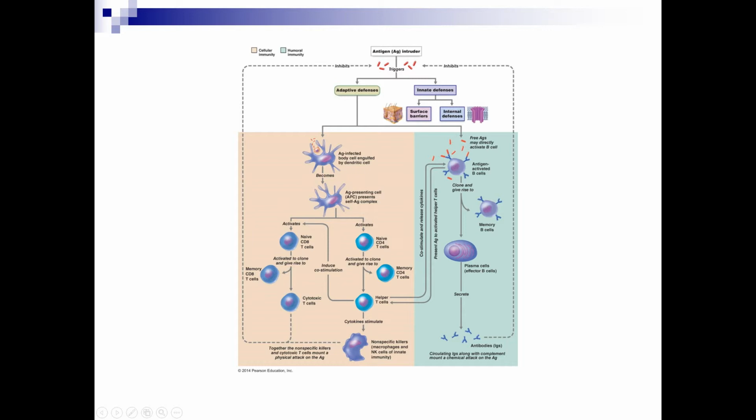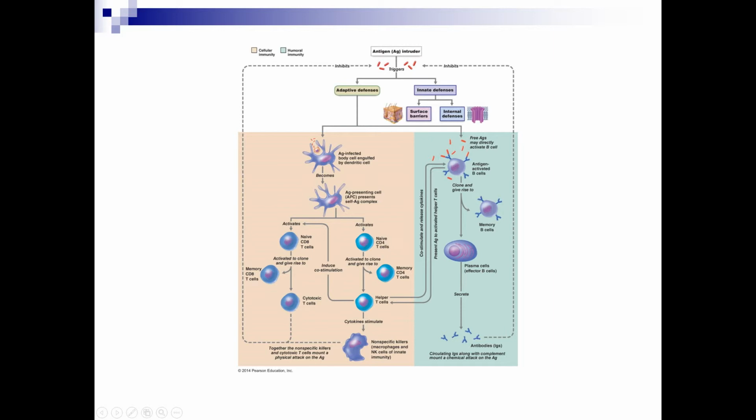But the APC can activate the CD8 cell itself, but it's not as strong of a response without this co-stimulation by the helper T cells. And they'll go back and go kill things.